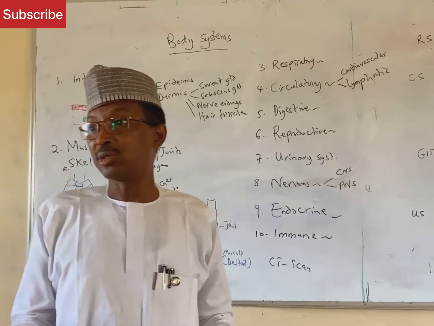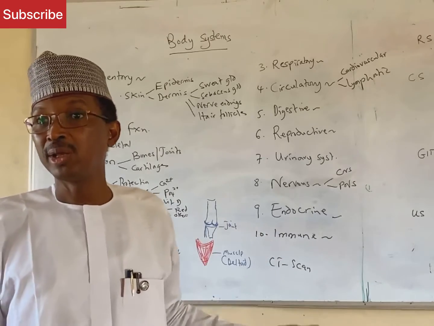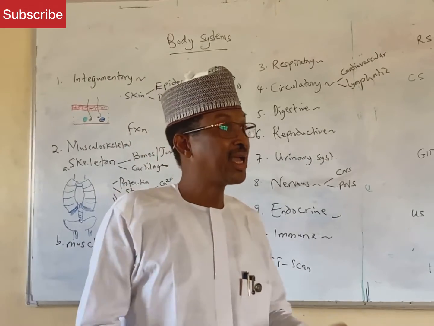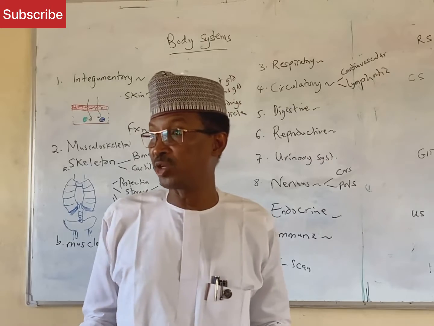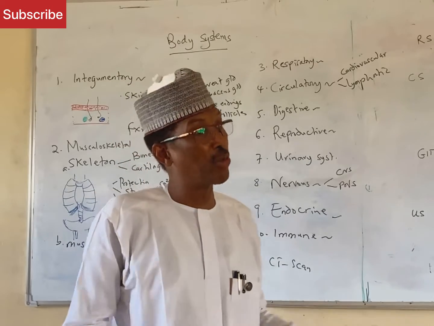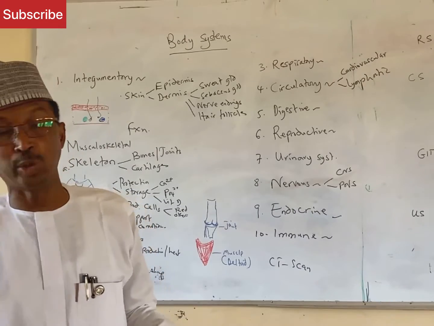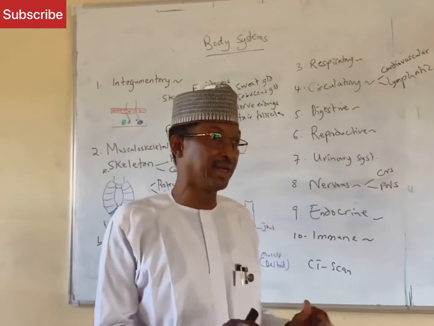Unlike before, when the machine was not available, when you came to complain, the doctor would just take you to the theater and blindly open you. He doesn't even know what is going on until he opens, and then he will see it. If it is something that he will cut, he will cut. If it is something that he will not cut, then he will leave you intact like that.